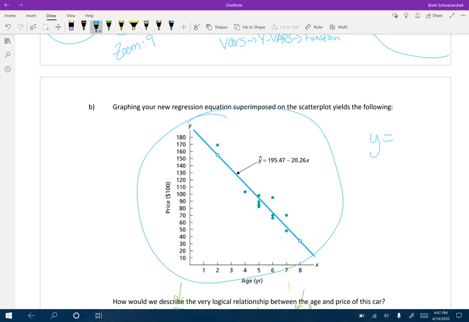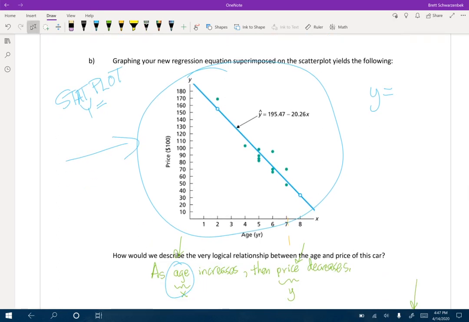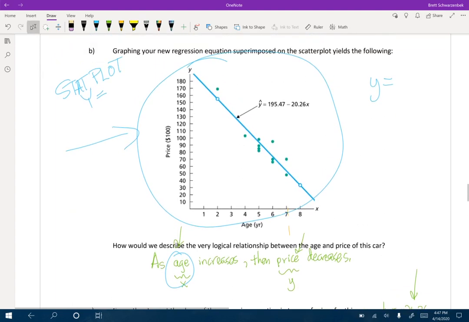So right now your stat plot and your y equals are running at the same time on top of each other, which is creating this wonderful depiction of your regression model. It's quite nice, and you can use that to your advantage when doing this graphing.